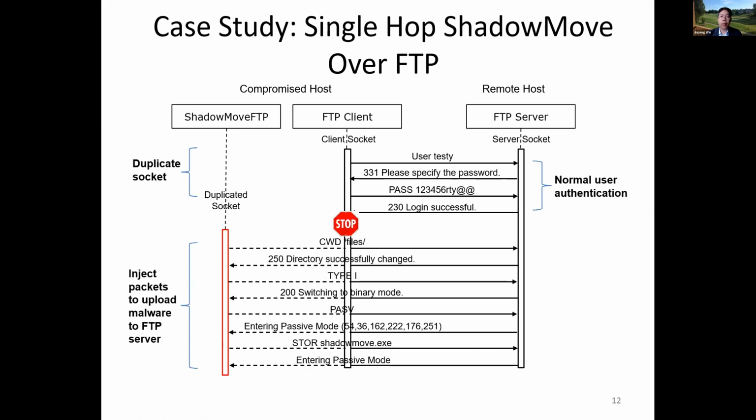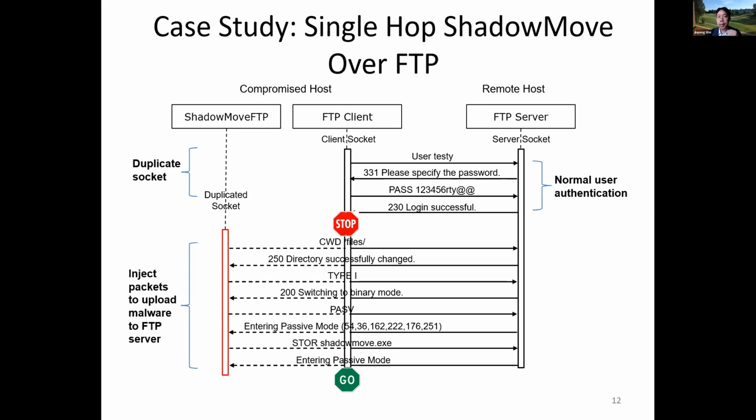And then the malware sends further packets to switch to binary mode, and then to passive mode, and then to upload the malware. The effect of these several packet exchanges is that eventually a copy of the malware is uploaded onto the FTP server. After this is done, the malware just resumes the normal FTP client's execution.